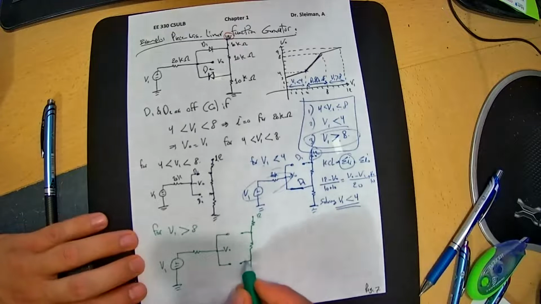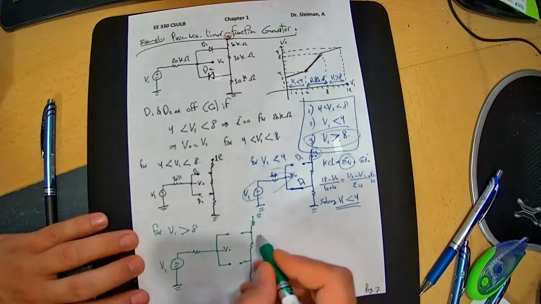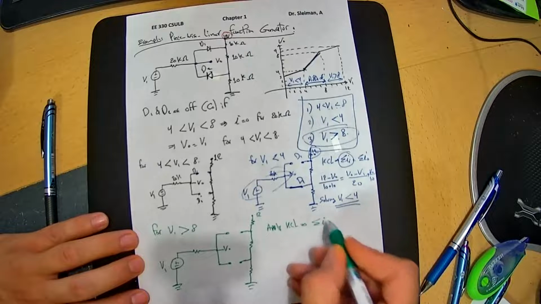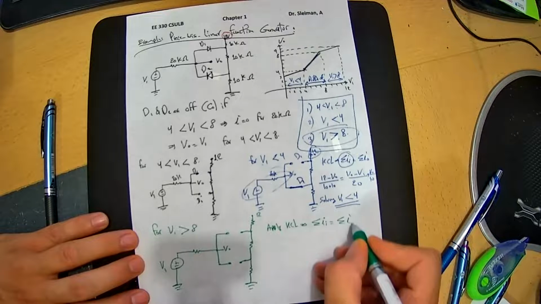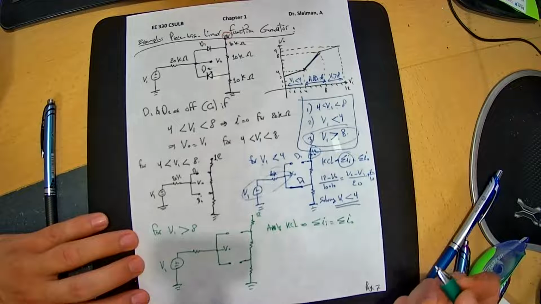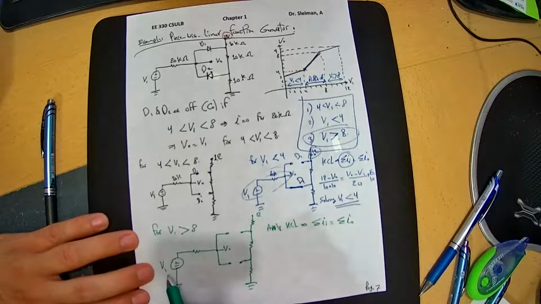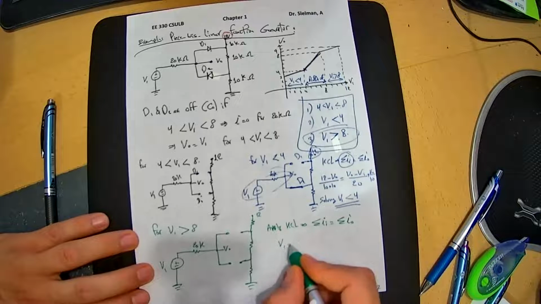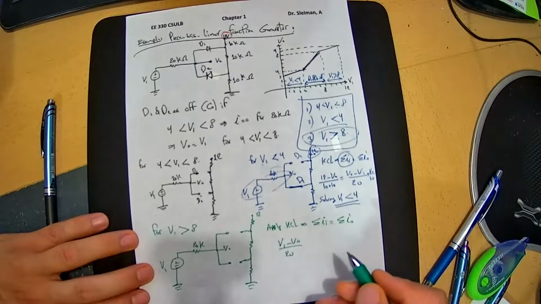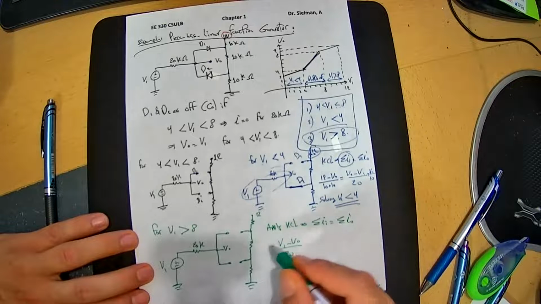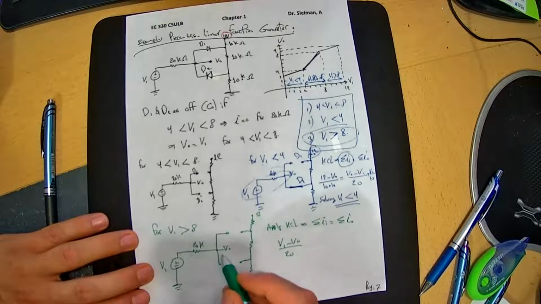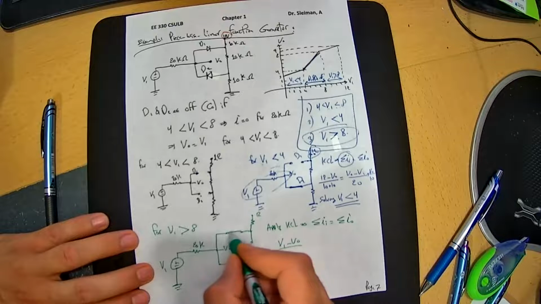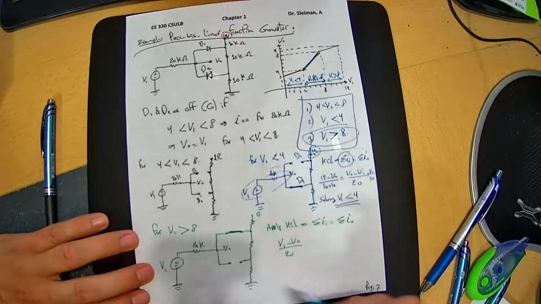Going to this example, I'm going to apply KCL, which is the sum of the current on the input side is equal to the sum of the current on the output side. So V1 minus V0 divided by 20. So if this is forward biased, greater than 8, most likely the current will be running through here, one will be on, one will be off.